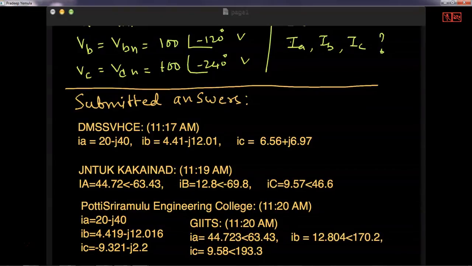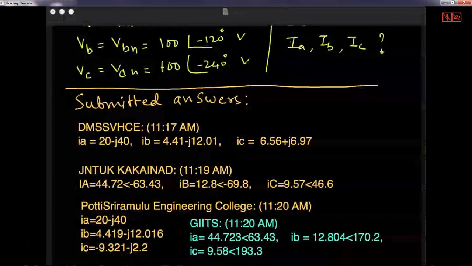Okay, so I think I'll go with this. So there are some differences. You see, here the angle is positive, but here the angle is negative, and here the 170 is there, and here minus 69 is there. So 193 and this one. So there are a lot of differences in your answers. So let's match your answers and then see what is the correct answer.